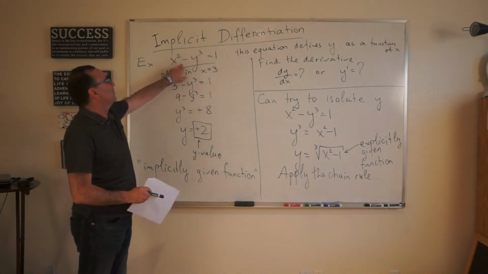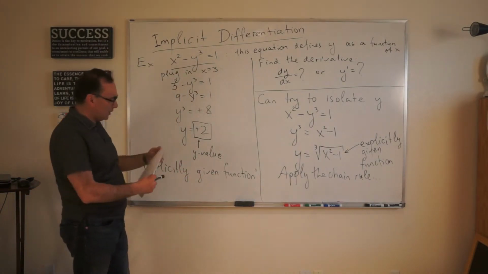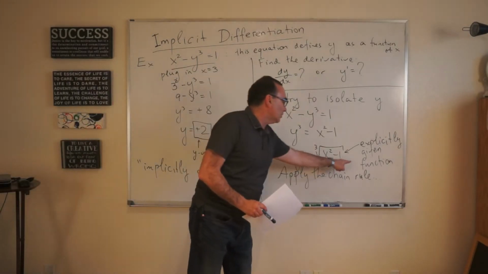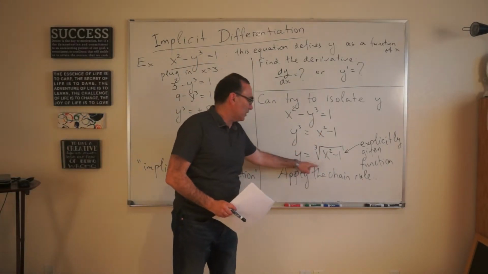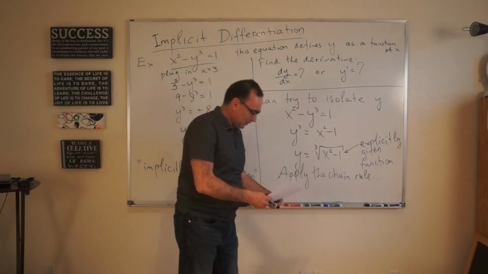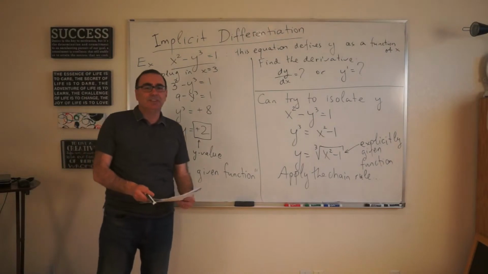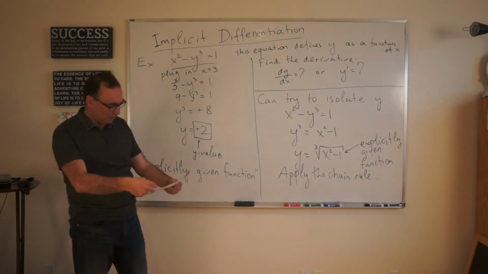So very often there are equations involving x and y in which y cannot be isolated, therefore you cannot put your equation in this form and you cannot apply any rules to calculate derivative. In such situations there is a special method that we can use to calculate derivative of such a function.